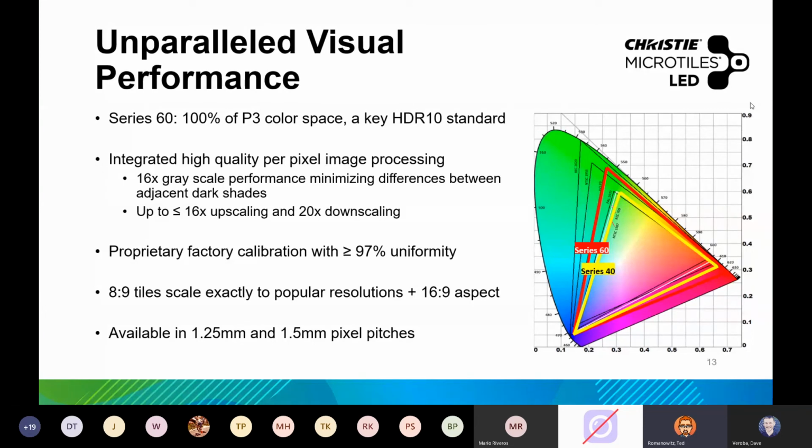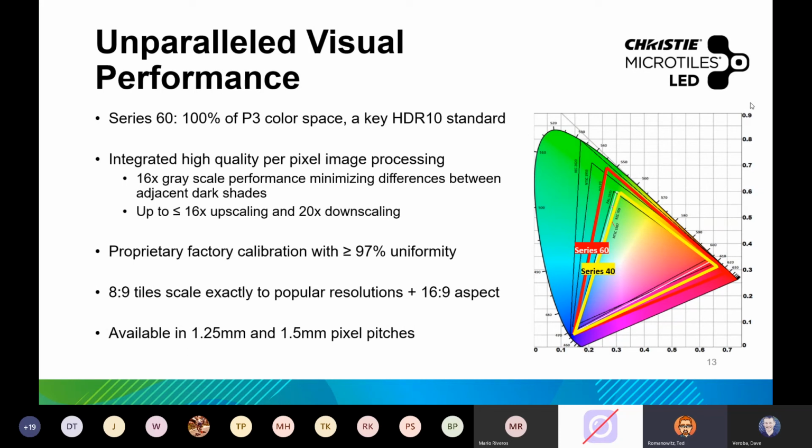We also integrate some really wonderful cinema quality, cinema grade image processing. We have 16x grayscale performance, and this really minimizes the dithering, minimizes the transitions between shades of different colors, and we'll talk about that in a little bit.